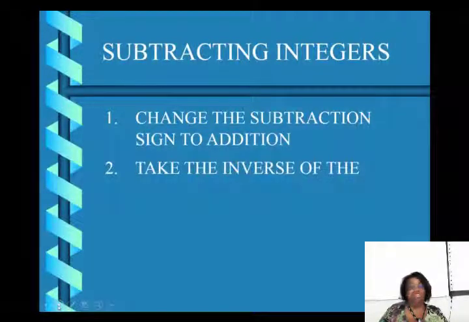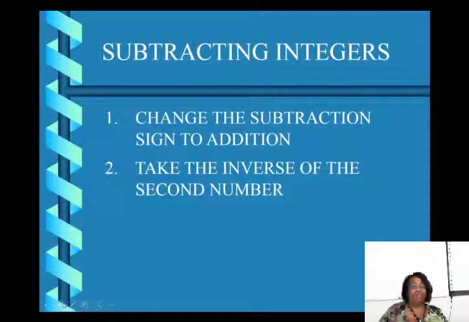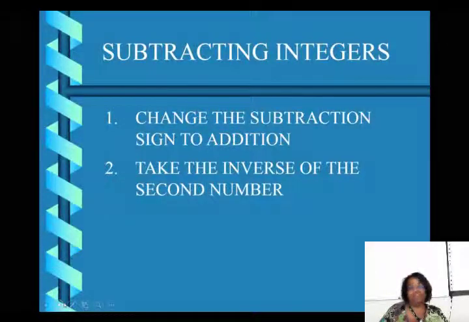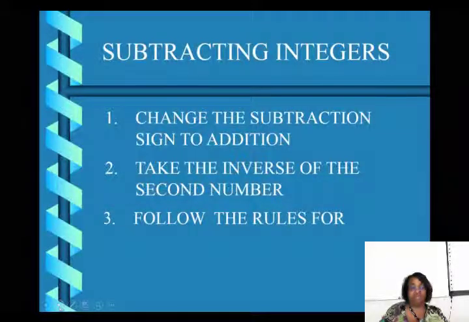Then you're going to take the inverse sign of the second number. And I just call this plus the opposite. Now, once you've done that, you need to follow the addition rules that we just reviewed, because now you have addition once you've changed that subtraction sign.